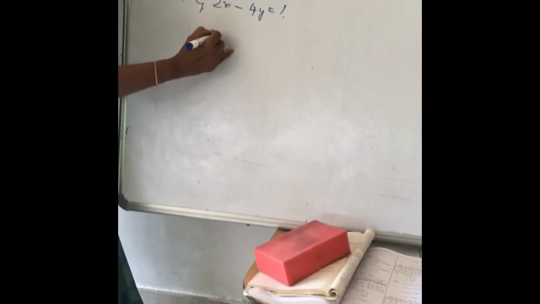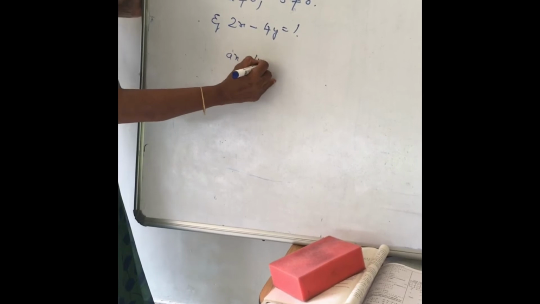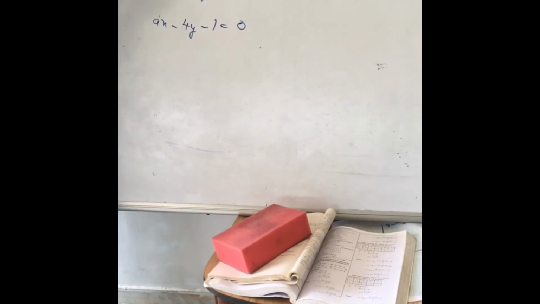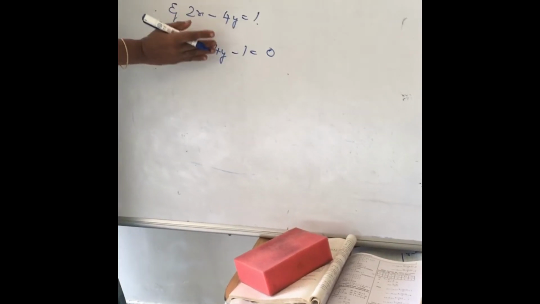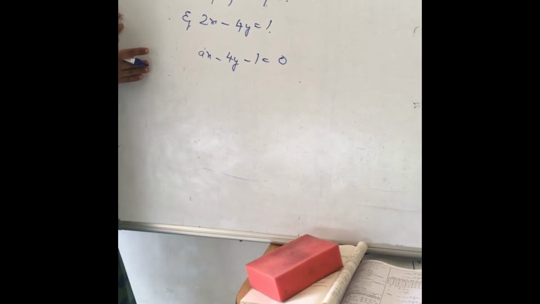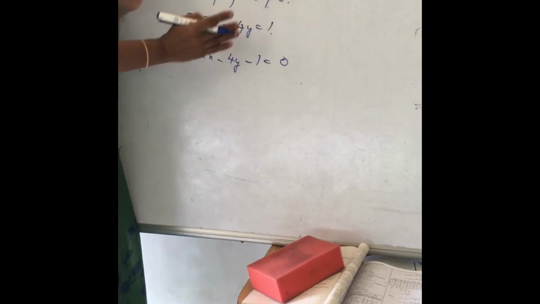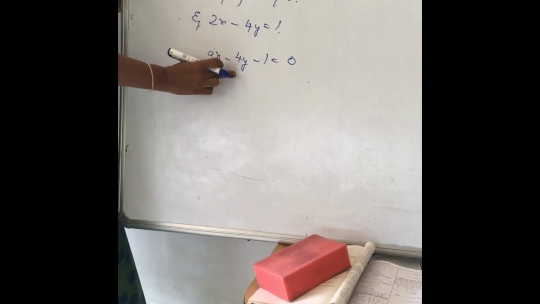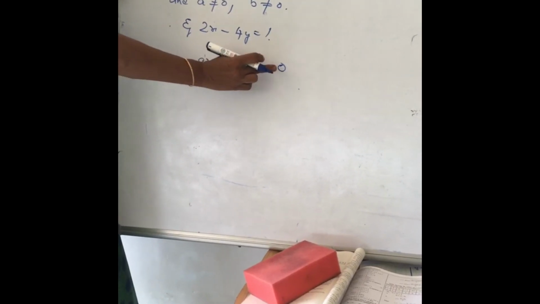If you write it in the standard form, what does it become, children? Standard form is nothing but bringing your x term, y term and the constant to the left side and equating it to 0. Standard form ax plus by plus c is equal to 0.